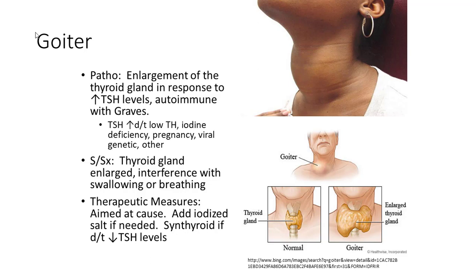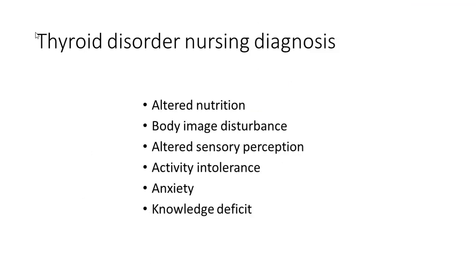Sometimes that thyroid will grow so big that it'll affect the trachea, so there's issues with swallowing and breathing. I think I've covered everything. Add iodized salt, Synthroid, if the TSH levels are low. Then there's a nursing diagnosis.